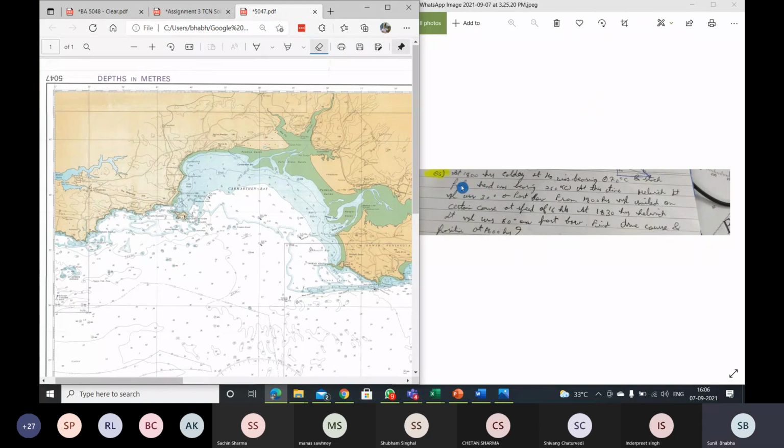Okay, so the question says at 1800 hours, Calday lighthouse was bearing 070 and Stockpole head was bearing 250 compass. So इस statement से क्या पता चलता है बेटा?